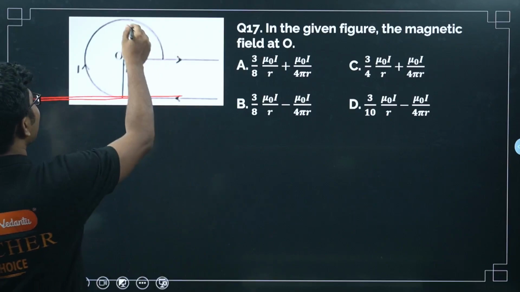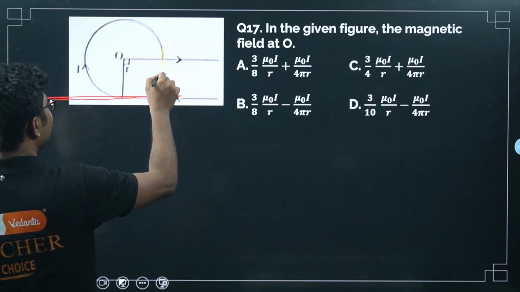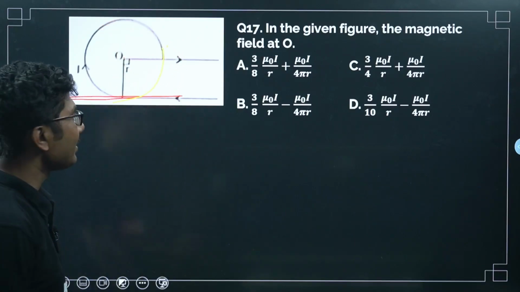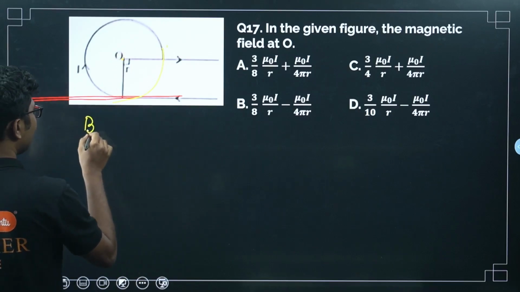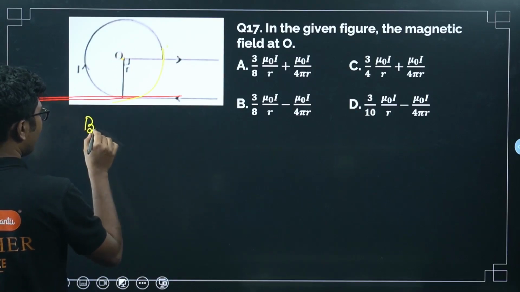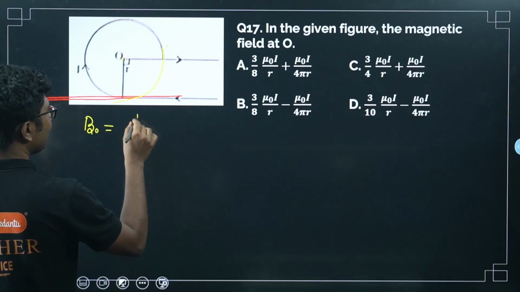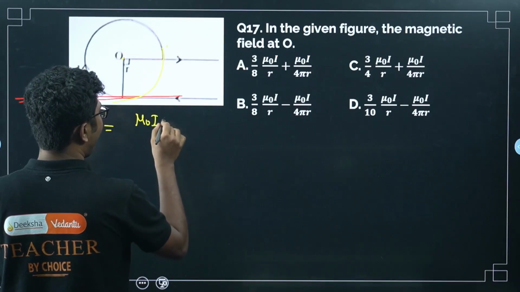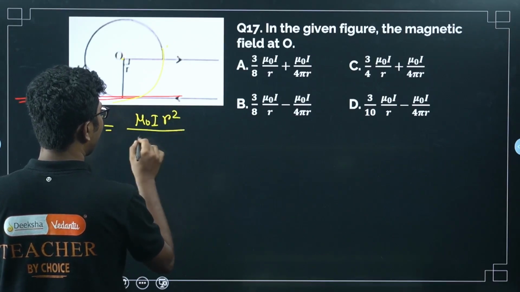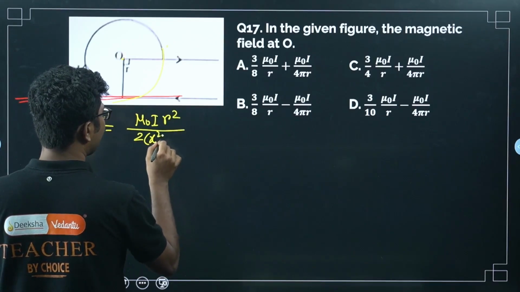Then if the thing is completed, what is the magnetic field at the center? Only due to the full circle. We know that it is mu naught I r square divided by 2 times x square plus r square to the power 3 by 2, right?